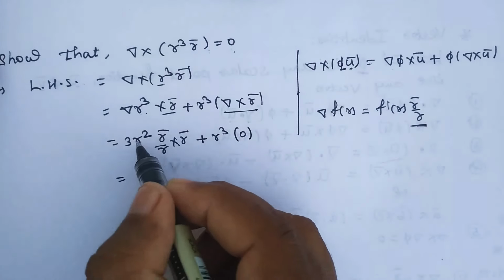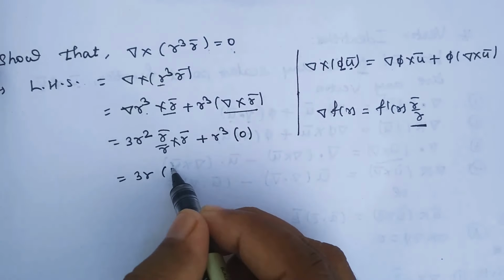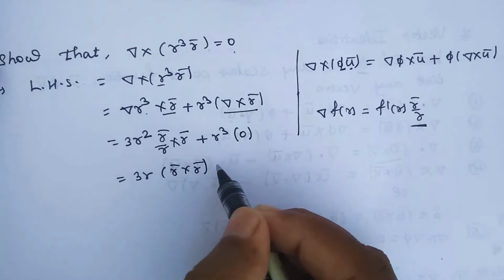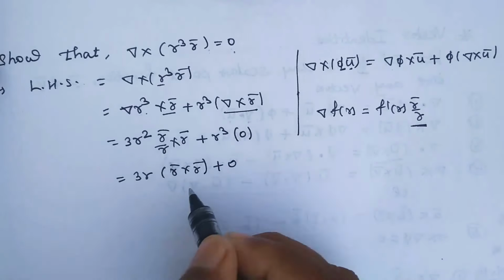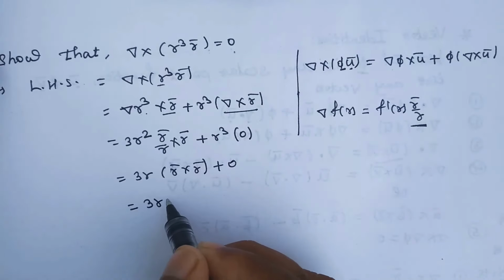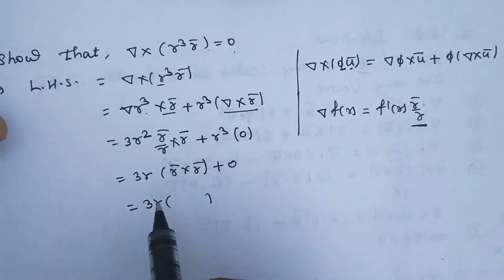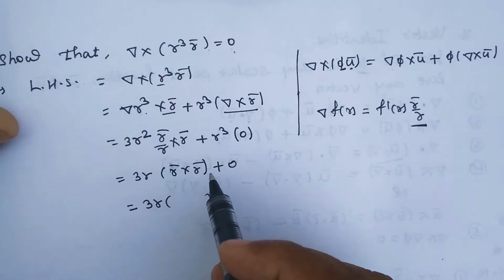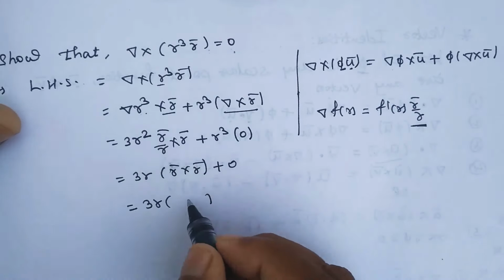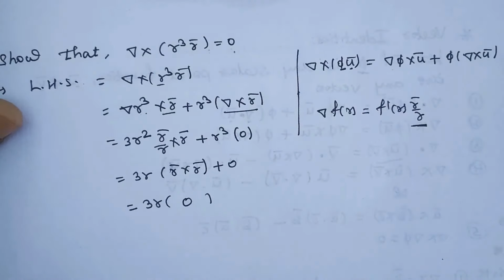This is equal to 3r into r bar cross r bar plus 0. This is equal to 3r into, now the value of r bar cross r bar: the cross product of the same vector is 0.